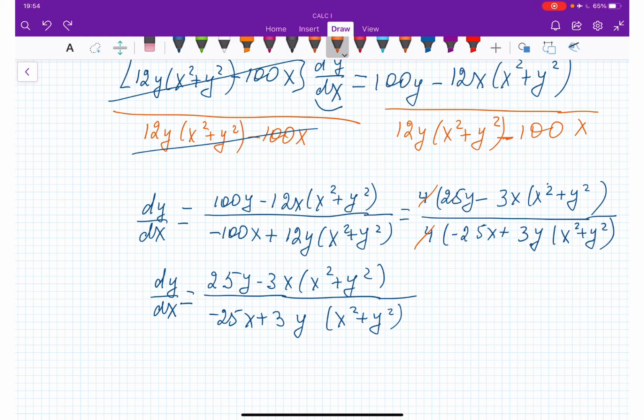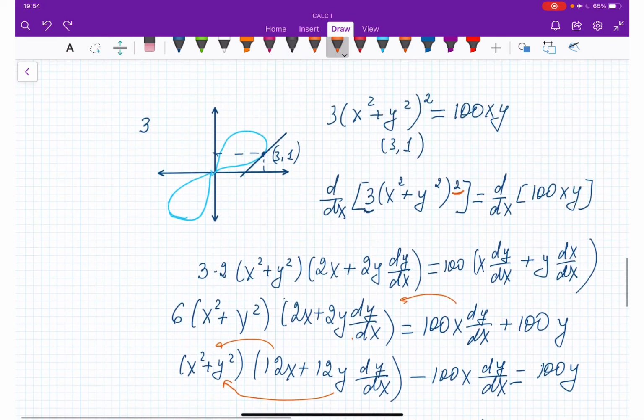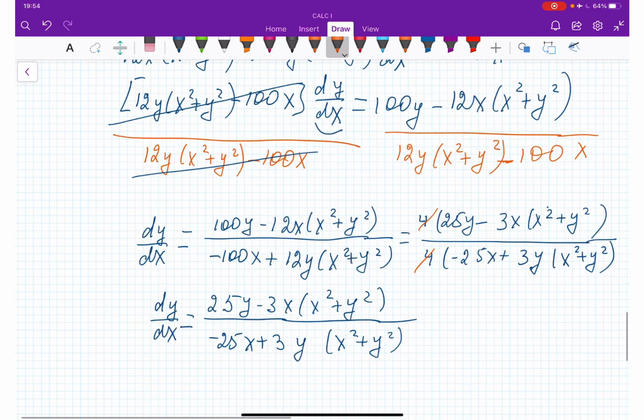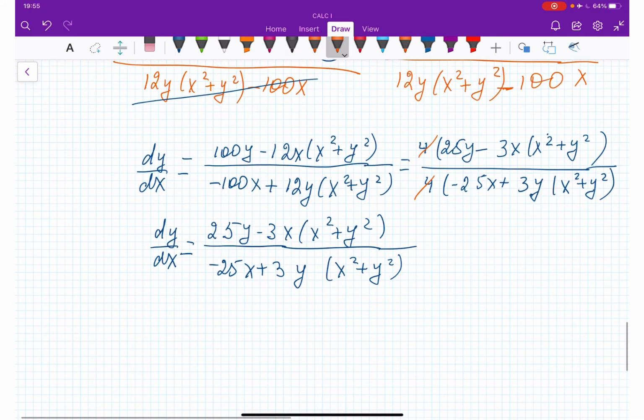So it's going to stay like that, which means, since remember, if you haven't forgotten, because it's such a long problem, we need to find the slope at the point (3, 1), right? Which means we are going to plug in 3 as x and 1, let me write down, at the point 3 and 1.